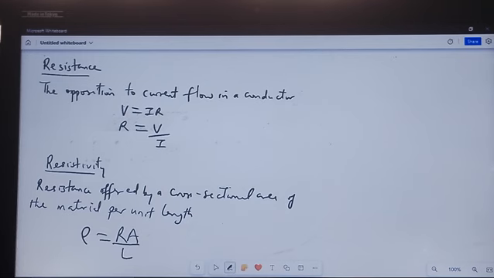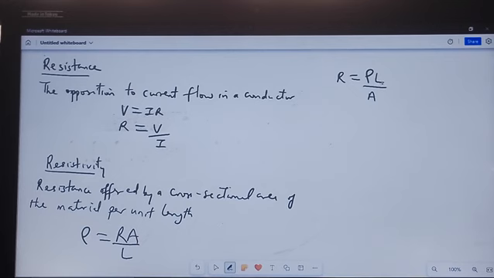From that expression, we can get another expression for the resistance of a material, where we can say R, the resistance, is equal to the resistivity times the length all over the area.